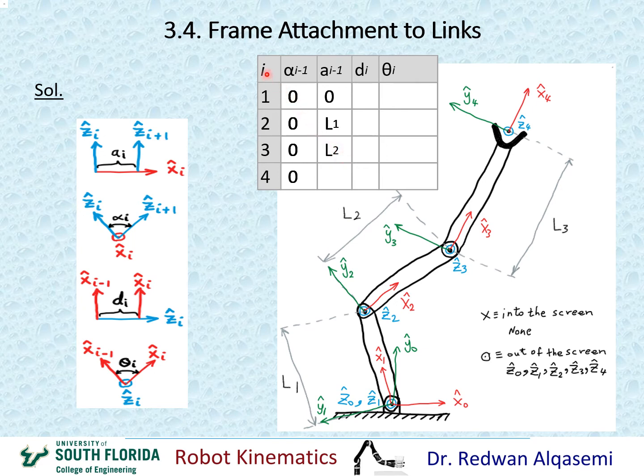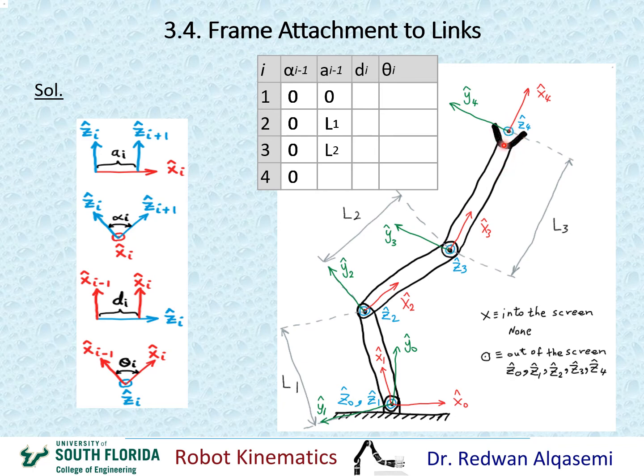All right, when i equals 4, I'll be looking at A(i-1), that would be A3. For A3 here, I'll be looking at Z3 and Z4 along X3. Okay, this is Z3 coming out of the screen. This is Z4 coming out of the screen.